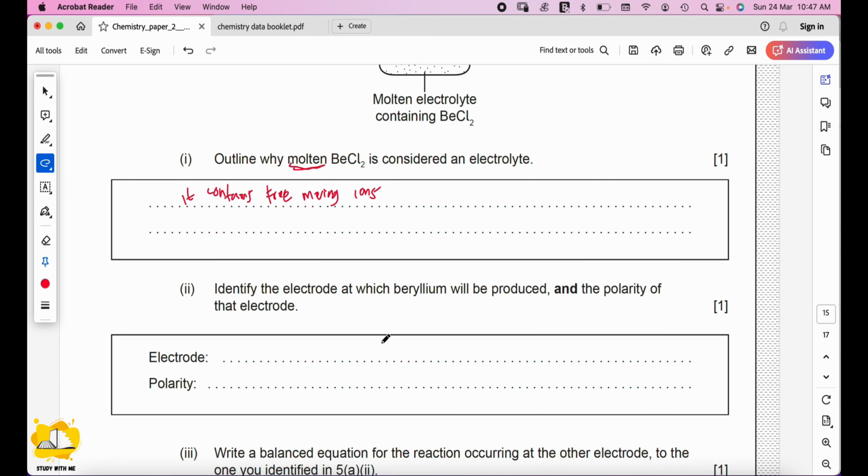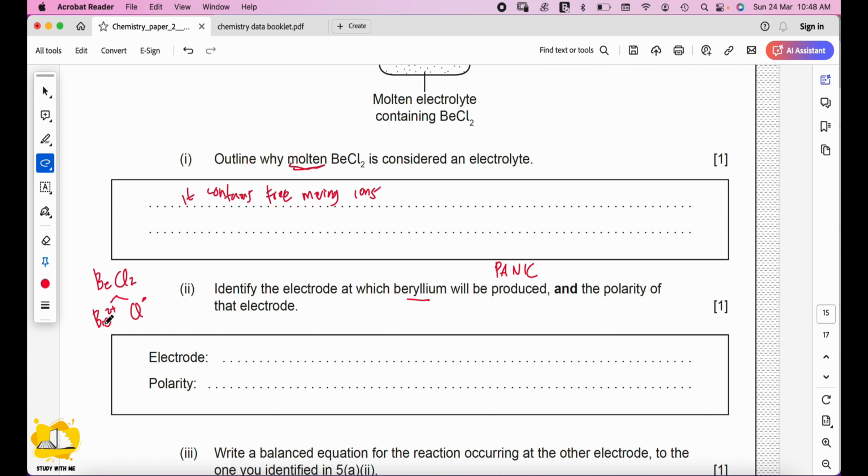Okay, so BeCl2, beryllium is Be2+ and Cl-, and for the electrode, my key here is PANIC, so positive anode, negative cathode.